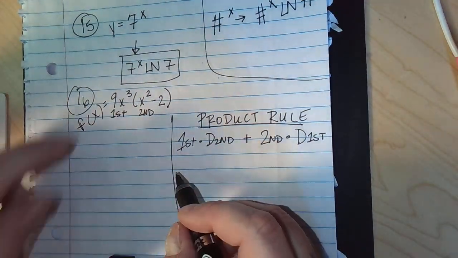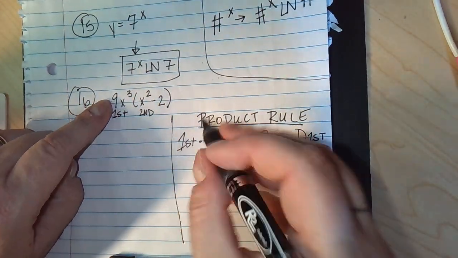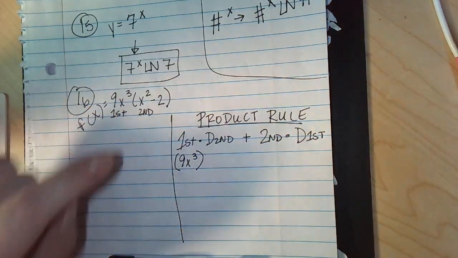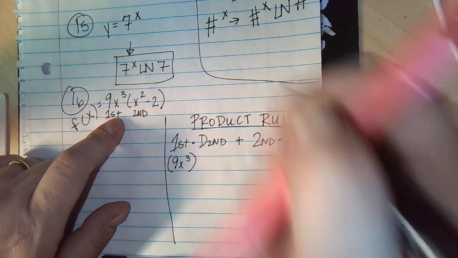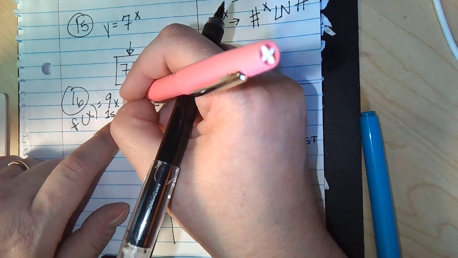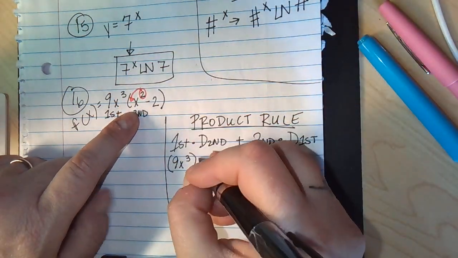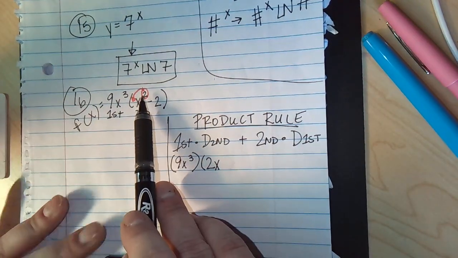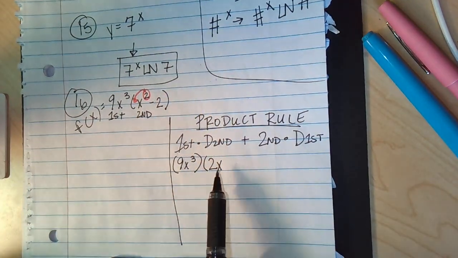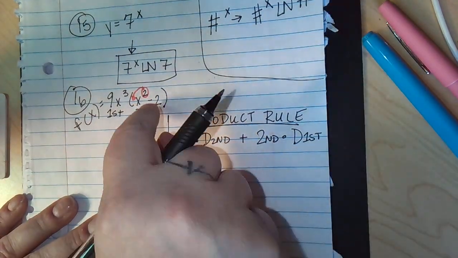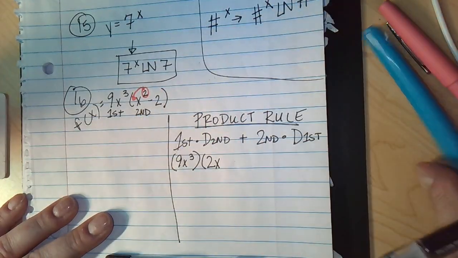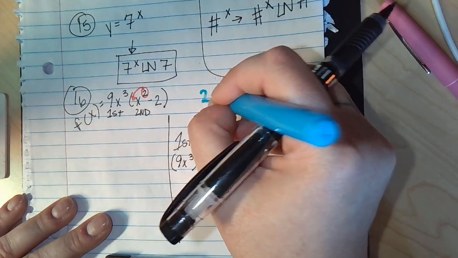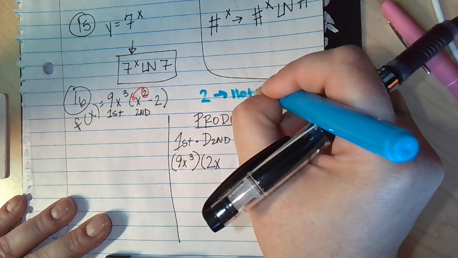All right, let's roll. First, that's the exact same thing that we already have written down, 9x to the 3. Derivative of the second, you take that 2, bring it down in front, and you get 2x, then you subtract 1 from the exponent, and it makes a 1 exponent, and I don't even have to write that down. Then the derivative of a 2 becomes nothing.